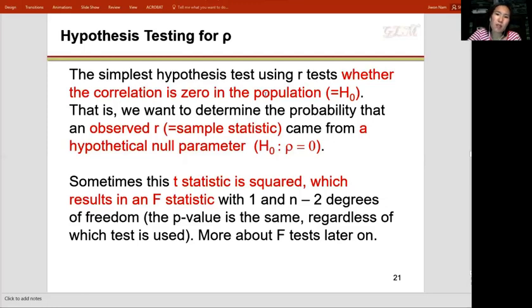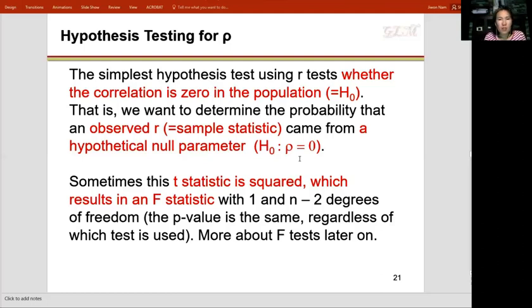The simplest hypothesis test uses the r-test, whether the correlation is 0 in the population. So the observed R came from a hypothetical null parameter. We want to determine the probability that the observed R, the sample statistic, came from a hypothetical null parameter. This is called rho. Rho is equal to 0.